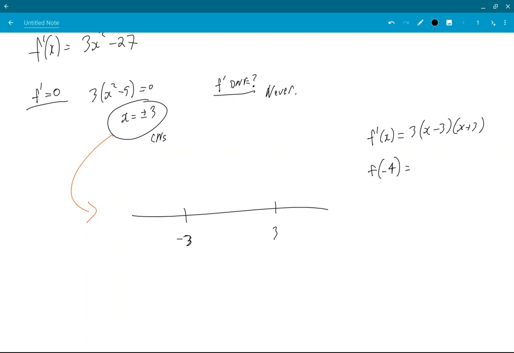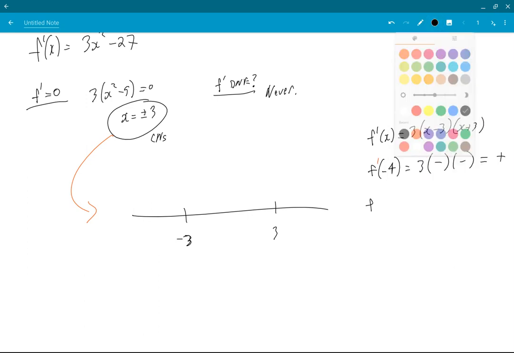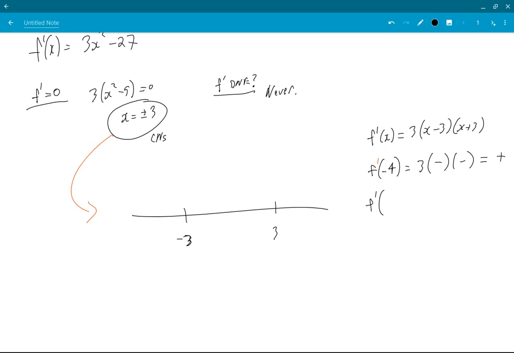f prime of minus 4 gives me 3 times a negative number times another negative number, which gives me a positive number. Sorry, that's f prime right there. So I plug negative 4 into my derivative, gave me a positive number, which tells me that I'm increasing here.